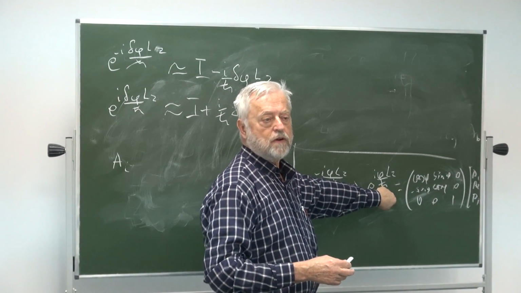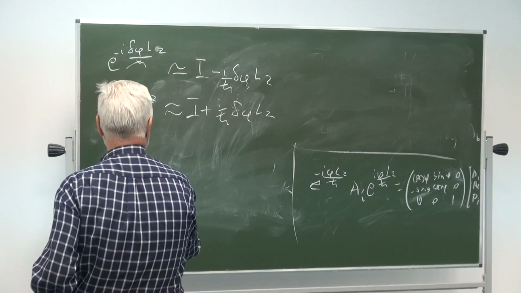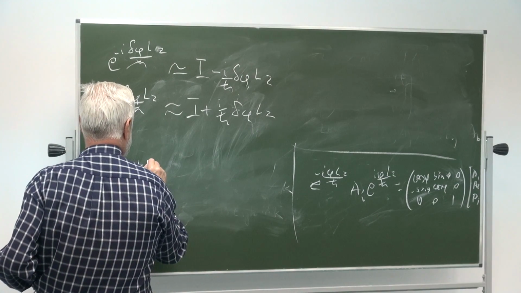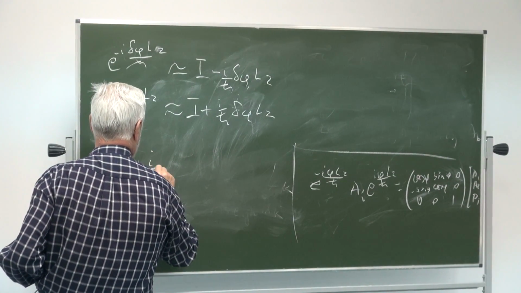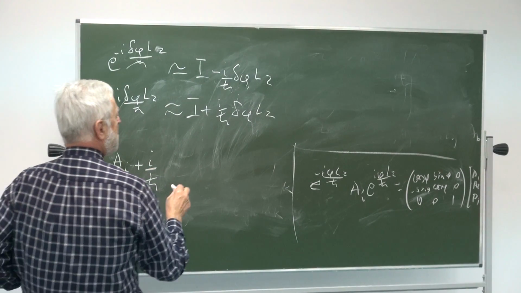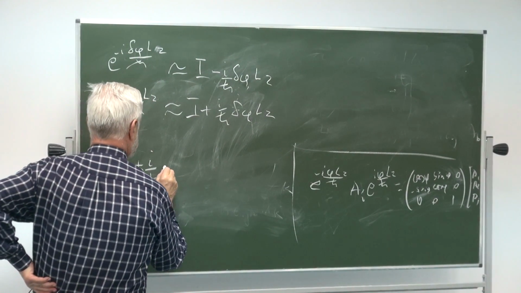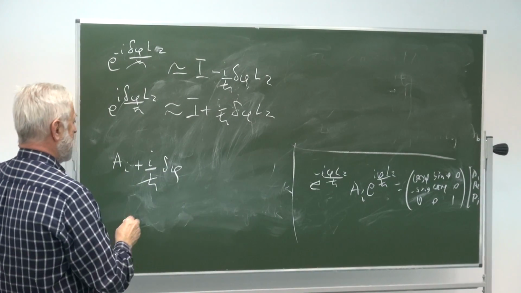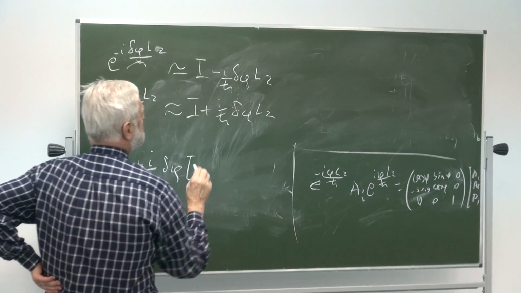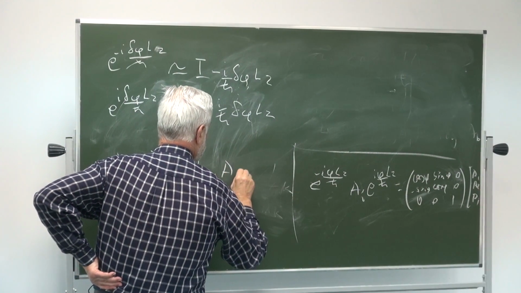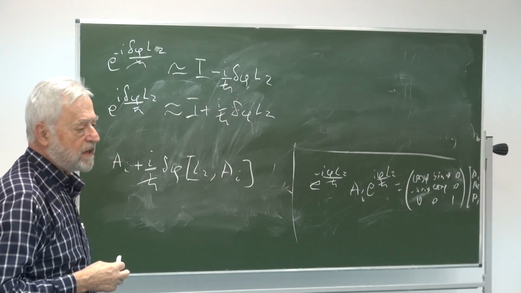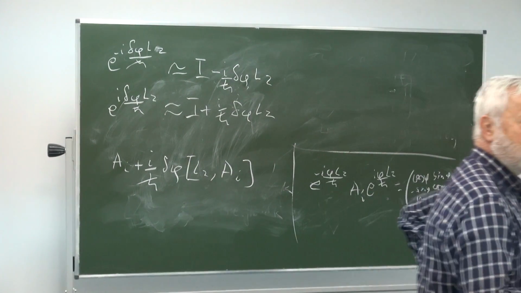Yes? So this is the same as writing plus i over h bar times delta phi and times the commutator of Lz and A_i. If I'm not mistaken with the sign, I think I have done it right.